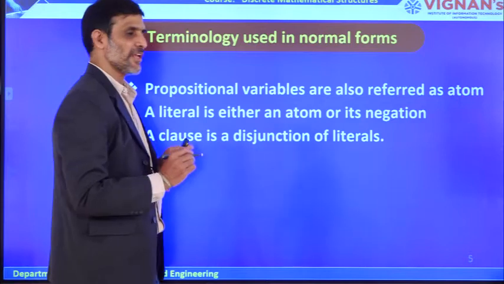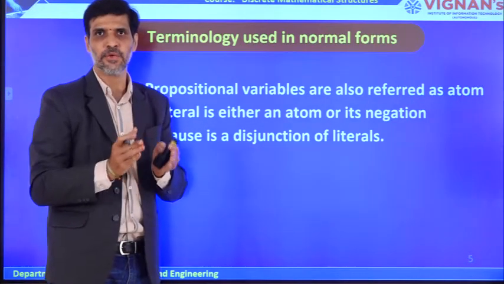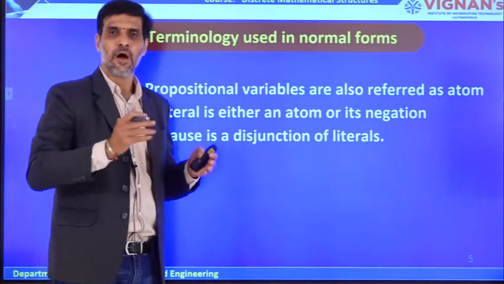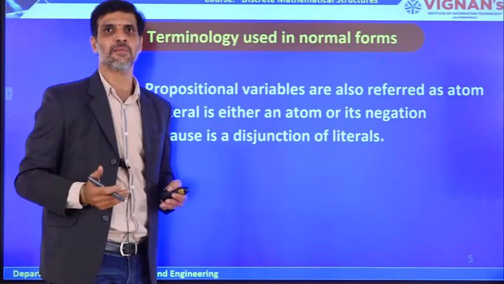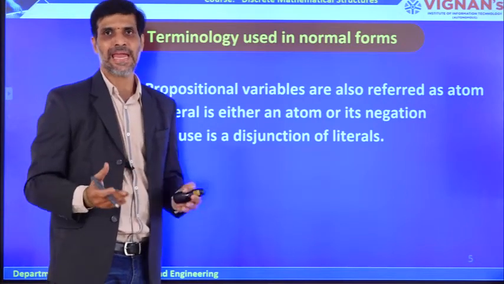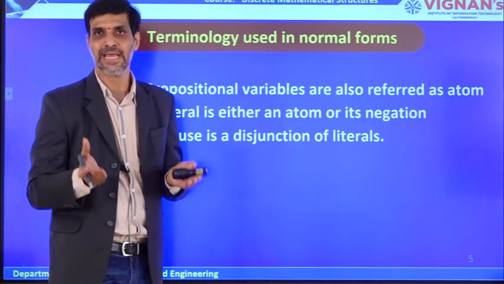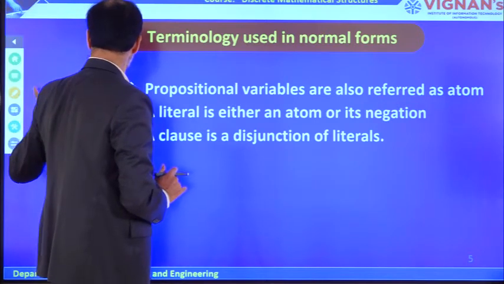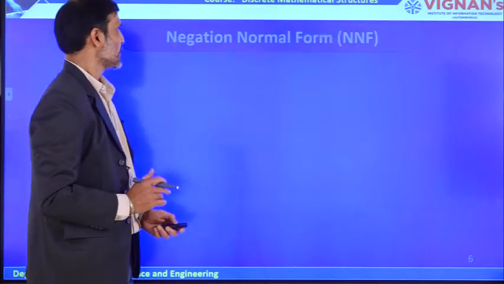An atom is nothing but a propositional variable, that means P, Q or S, T. But if you take P or negation P, Q or negation Q, then we call them literals. And if you take the disjunction of these literals, then we call it a clause. These are the notations we use in normal forms.